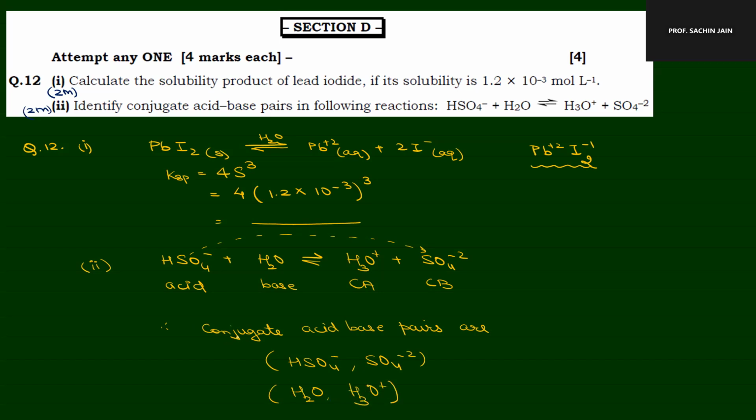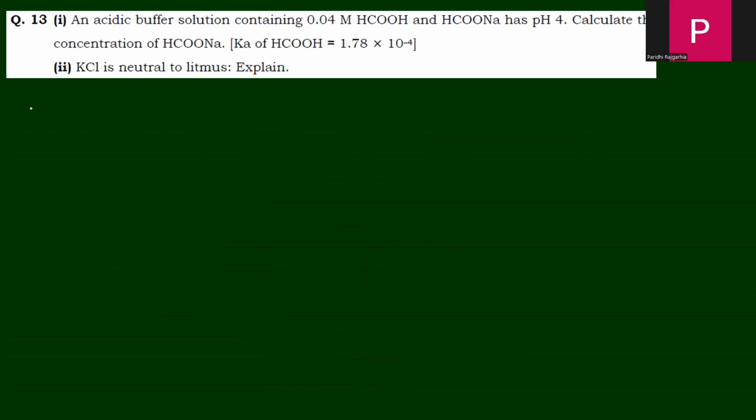Understood? Yes sir. In question 13 also there are 2 parts, 2 marks each. An acidic buffer containing 0.04 molar formic acid and formate has pH equal to 4.